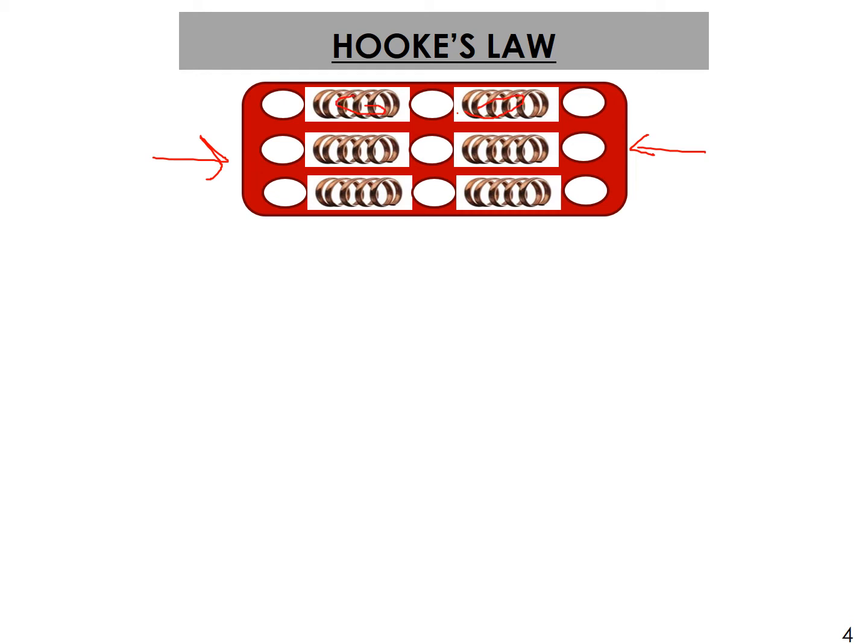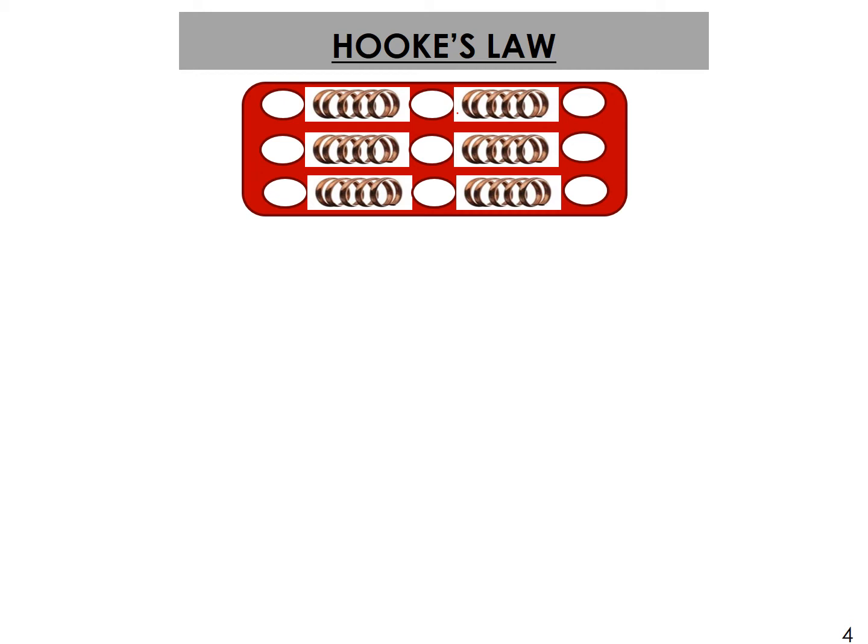And when you take off the load, the material will regain its initial position, obviously because of the spring. So this is the behavior of the material, which I am trying to explain with the help of this example.